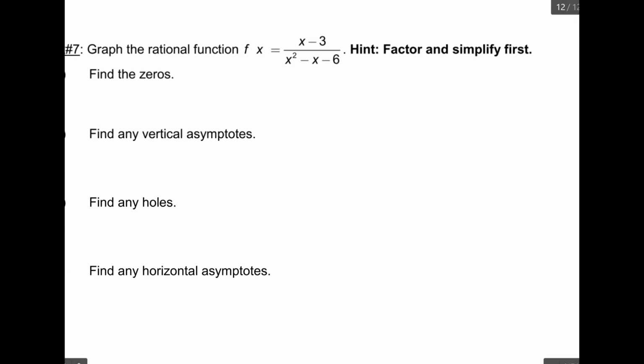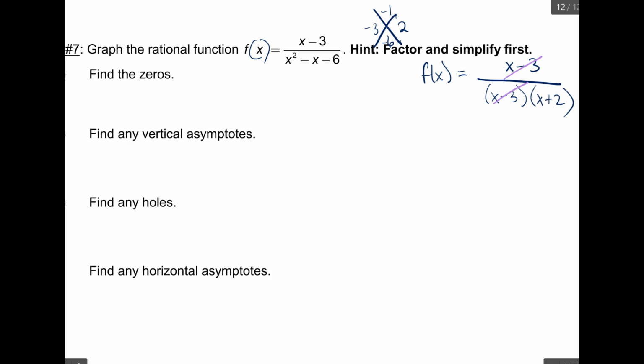So first, I want to factor and simplify this. f of x equals x minus 3 over, if I factor the bottom, what multiplies to negative 6 and adds to negative 1? Negative 3 and 2. So I have x minus 3 and x plus 2.